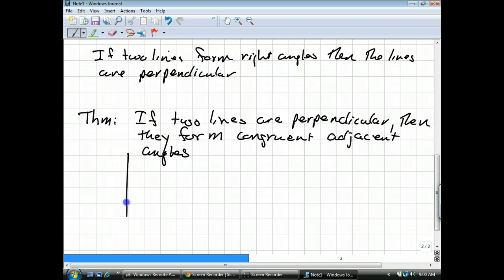So if these two lines are perpendicular to each other, they form congruent adjacent angles.